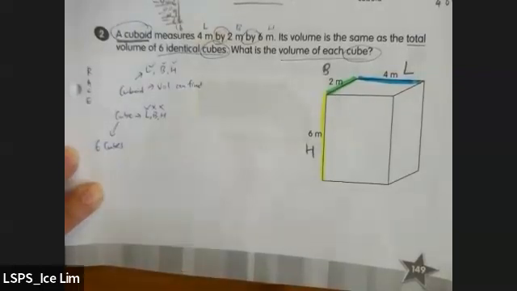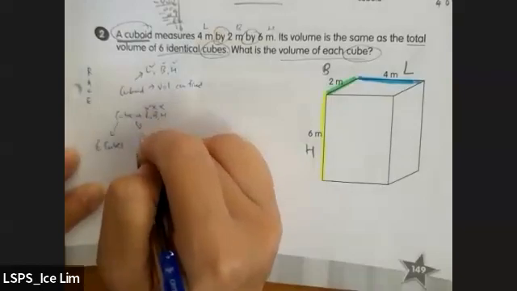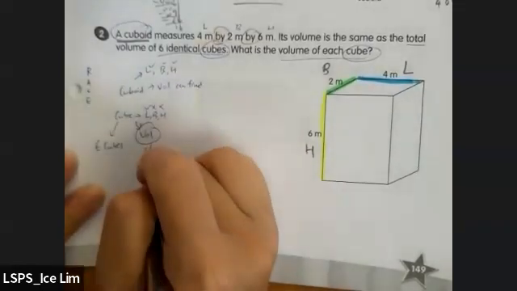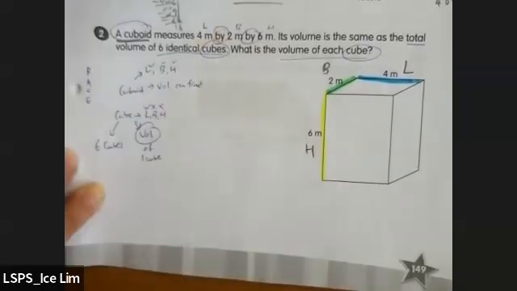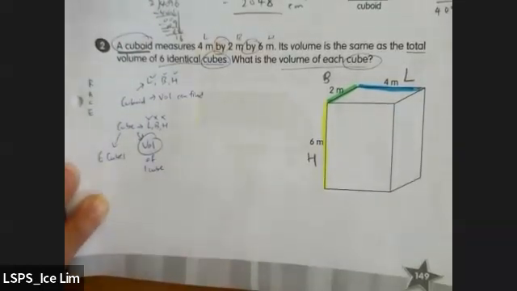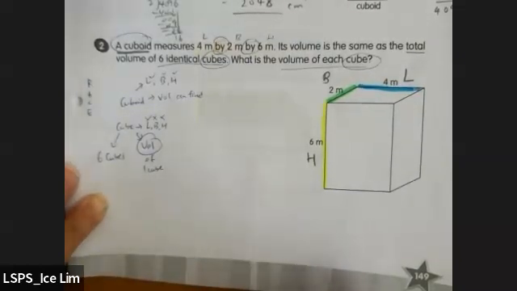Actually, I don't need to. But what is it that I need to find? I need the volume of 1 cube. Then how to find it? What is the key important information in this question that tells us I know how to find it? What's the main sentence or main word or phrase here that tells you I can find the answer?